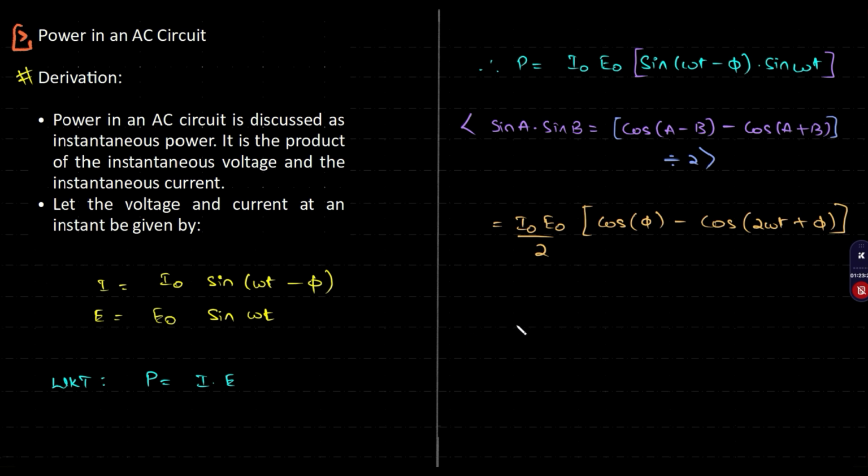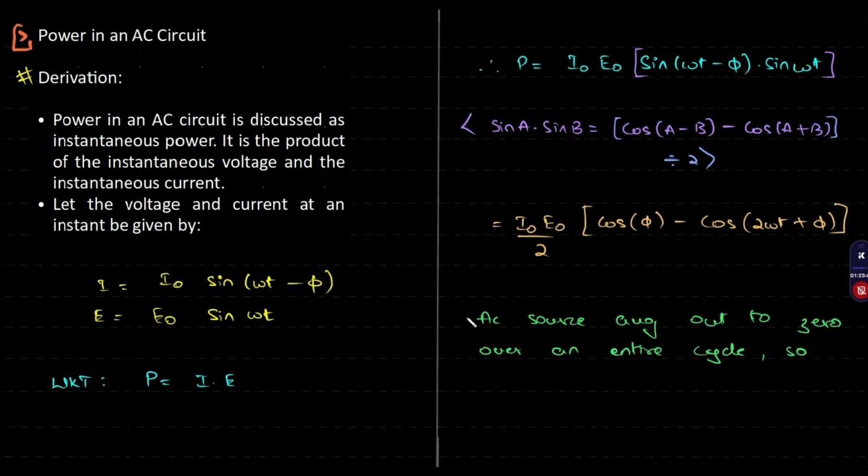Now, the very first derivation that we did in this chapter showed that an AC source averages out to 0 over an entire cycle.